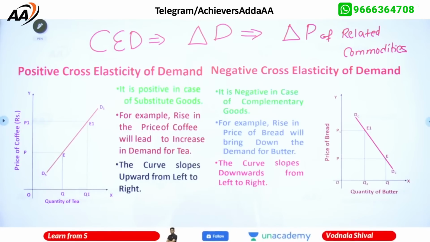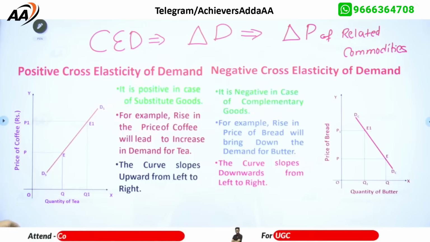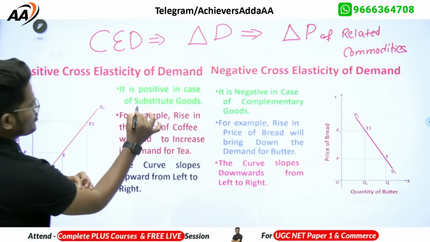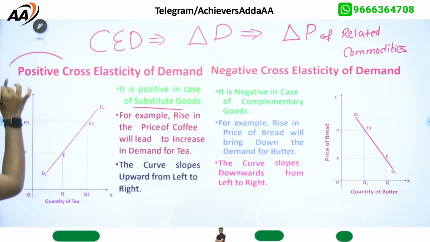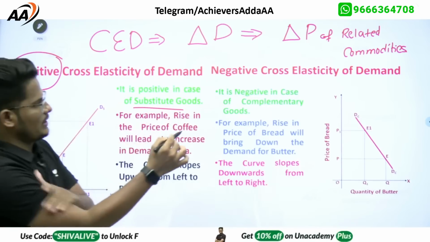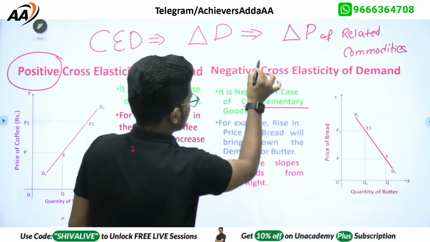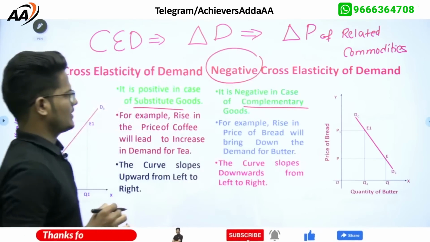That is what cross elasticity of demand is. So here, in case of substitute goods, positive cross elasticity. In case of complementary goods, negative cross elasticity.